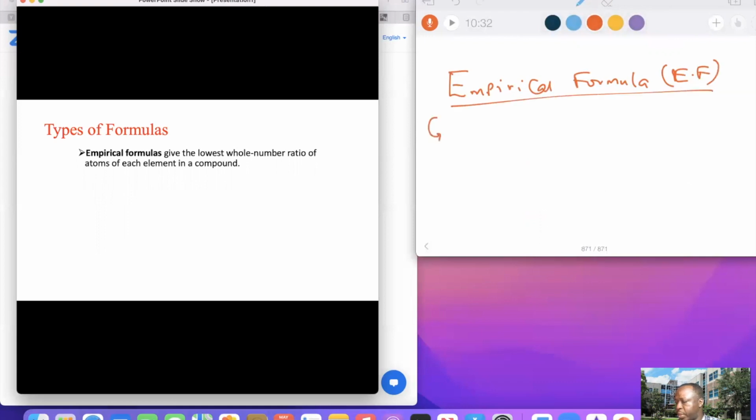This represents the simplest whole number ratio of atoms in a compound.